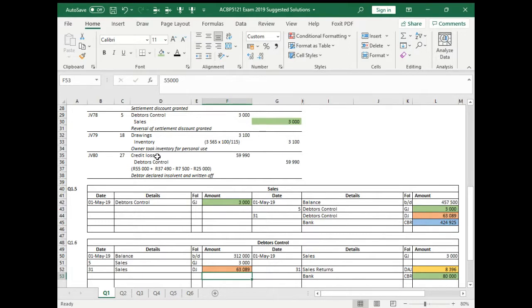But now I also have credit losses that I still need to account for. Now this was on the 27th. So we account for the credit losses on your credit side for that amount. Now in a test, as long as you write down the account names, don't worry about the fact if it's not in number order, that's fine.